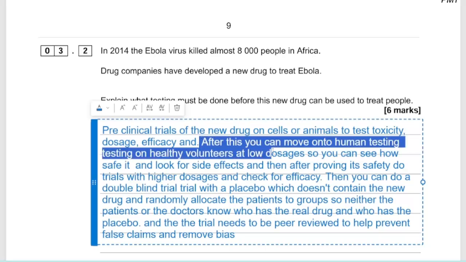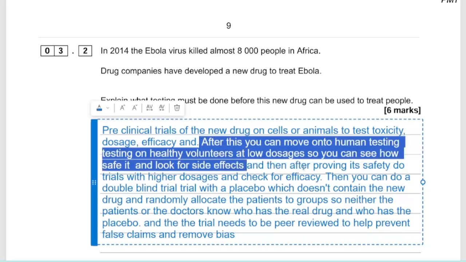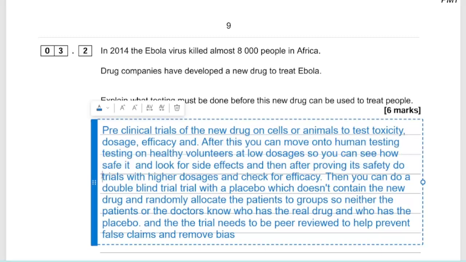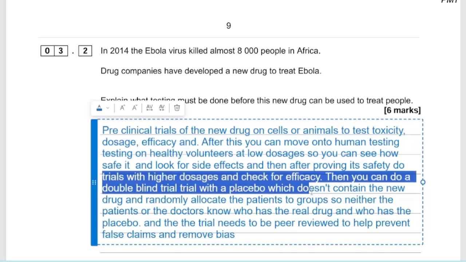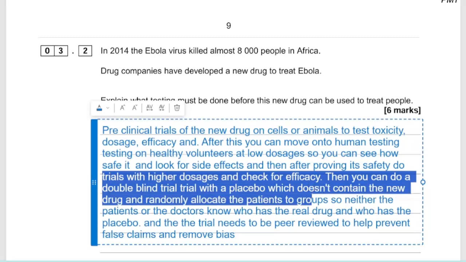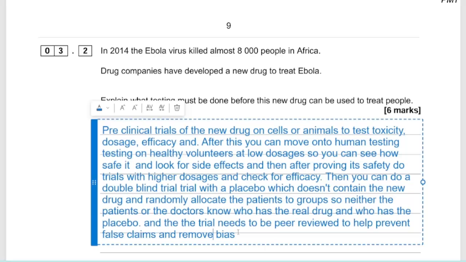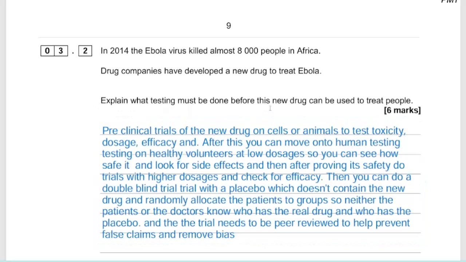Secondly, it is checking how safe it is on humans. Then on just a higher clinical trial, and then a double-blind test to check it actually works for humans, and it being peer-reviewed to just make sure it's reproducible and it's actually good at treating Ebola. As I said, it's a fairly hard 6 marker, fairly content intensive, but you just need to sort of remember the order of things and then just start writing and hope it comes to you.